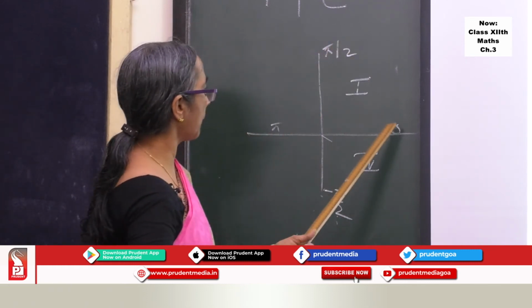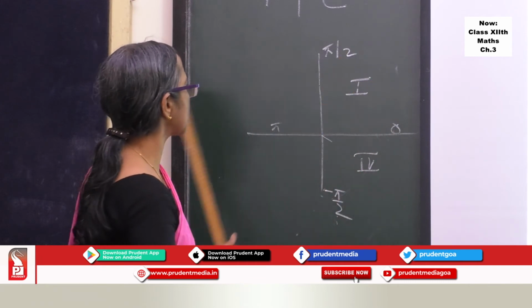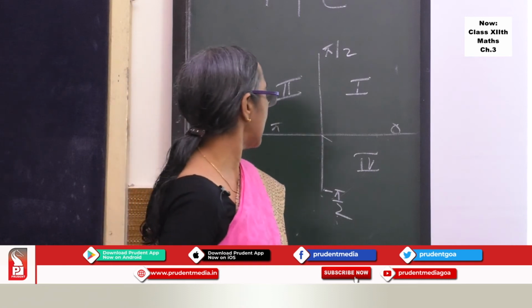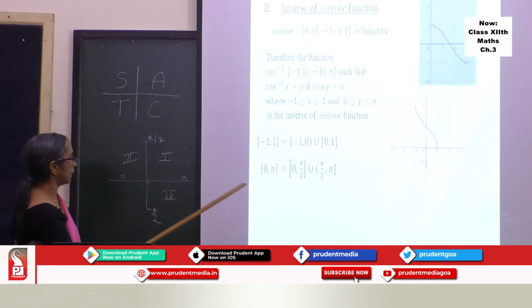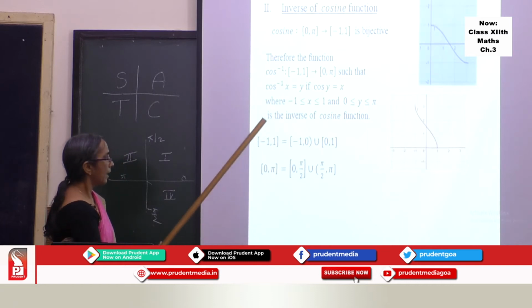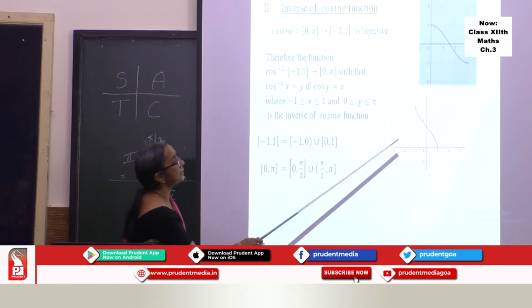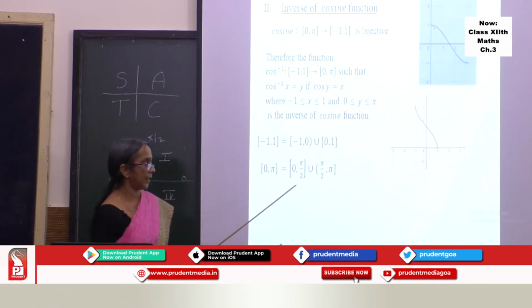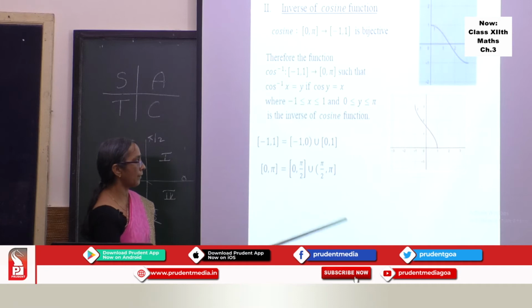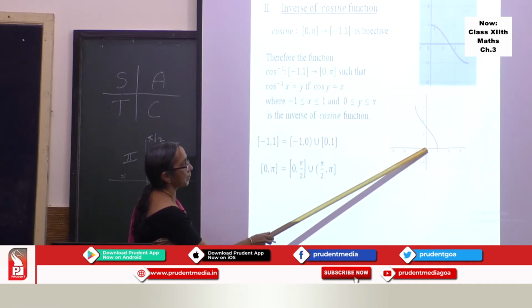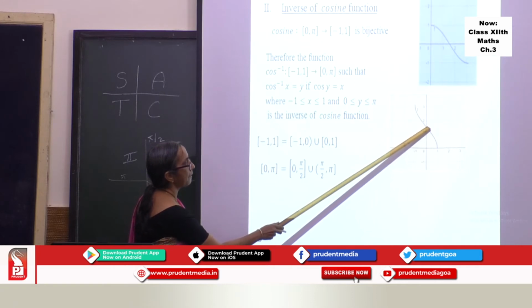You know, 0 to pi by 2 is an angle in the first quadrant, pi by 2 to pi is an angle in the second quadrant. Now, when you take cos inverse of a value between 0 and 1, you can see its y value lies between 0 and pi by 2.